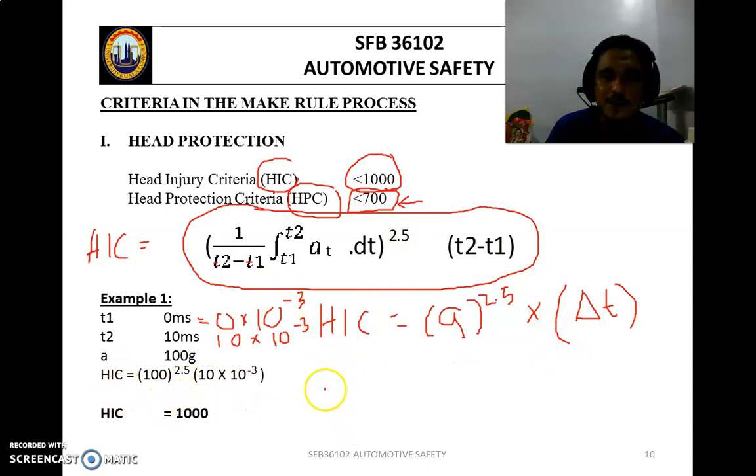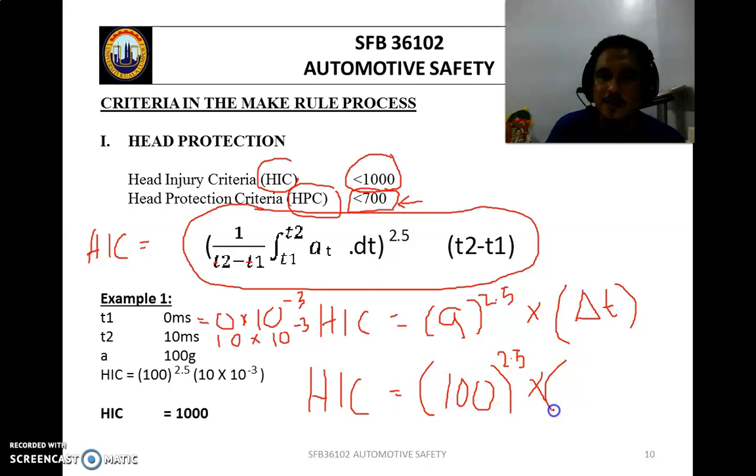By using this formula, HIC equals A, 100, to the power of 2.5 times the difference in time. The difference in time is 10 minus 0, so that means 10 milliseconds, which is 10 to the power of negative 3. The result is 1000.